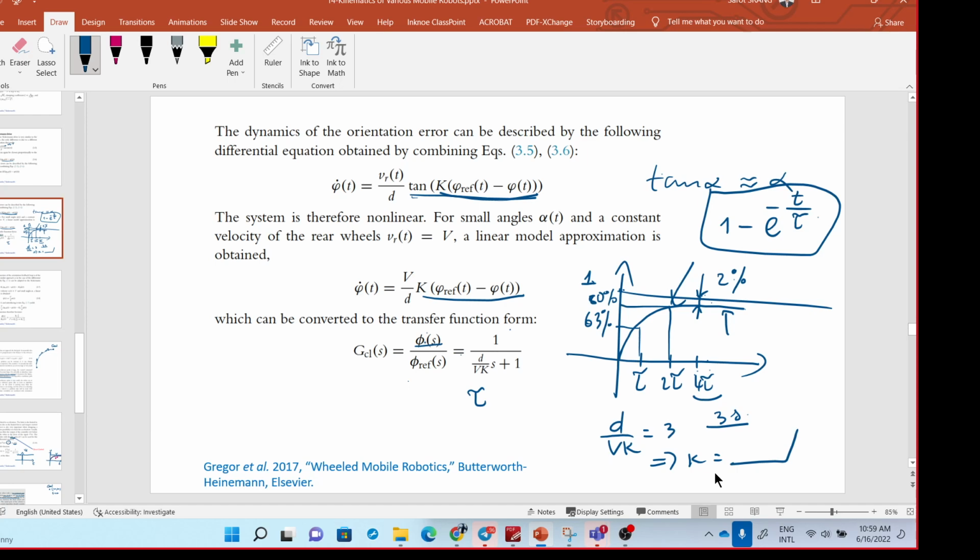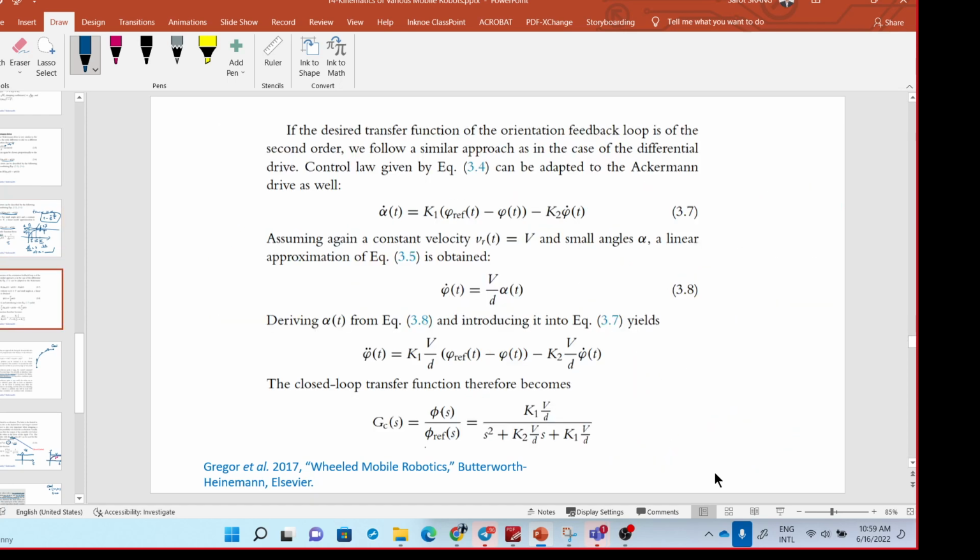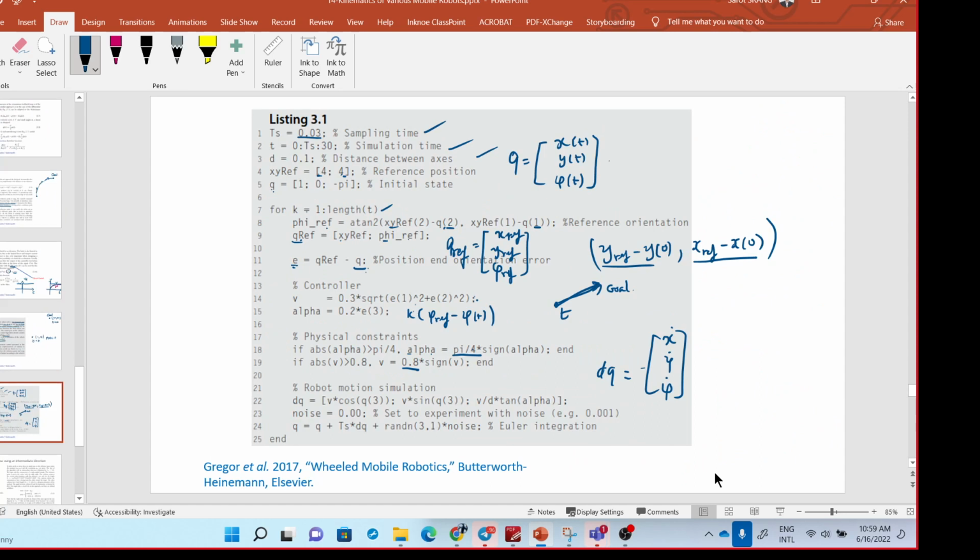So this is if you want to follow the analytical method to choose k, and the other method is just to tune it. You choose one value and you do simulation, and then you consider the appropriateness. I mean, is it possible that this robot can reach the goal in 3 seconds?